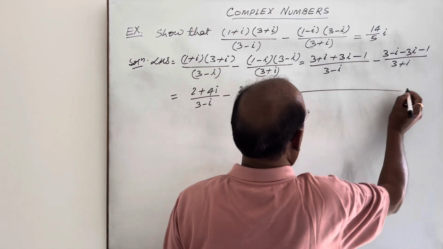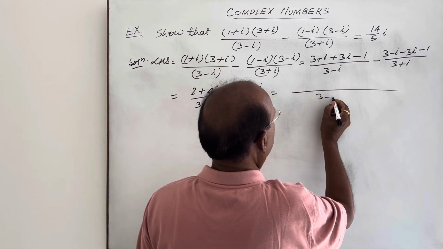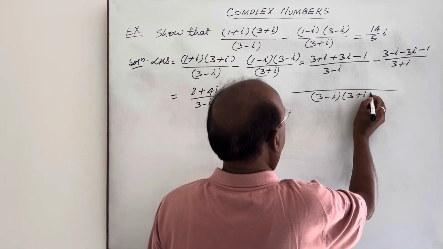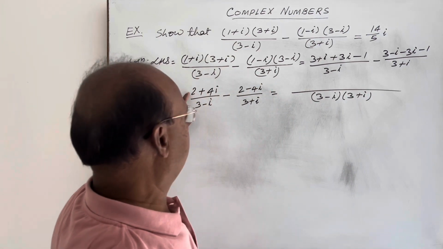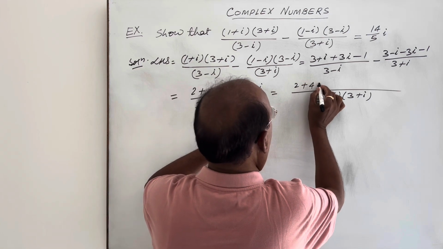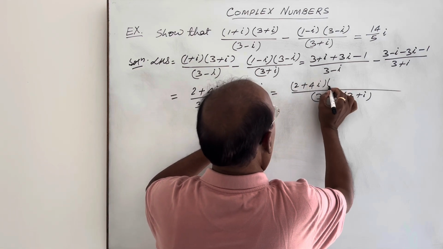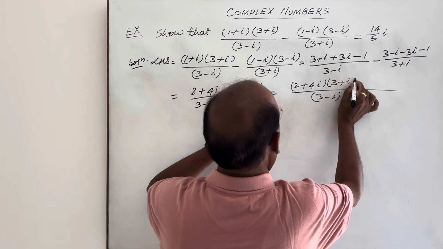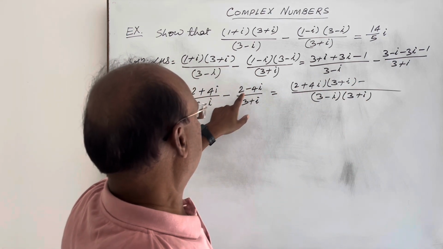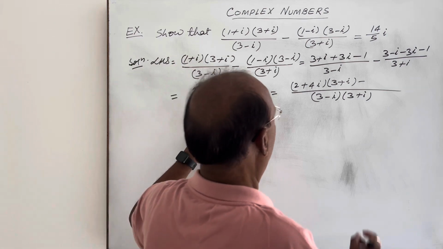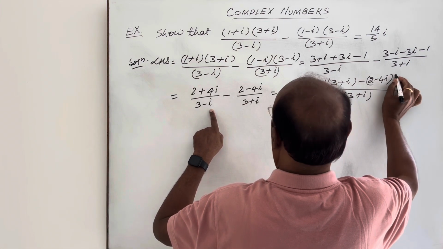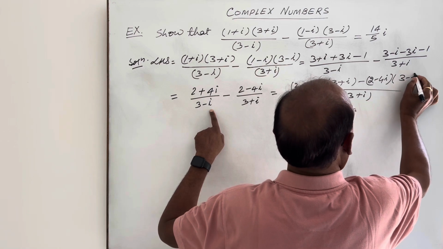So here LCM will be (3 − i)(3 + i). This numerator will be multiplied with 3 + i. So (2 + 4i)(3 + i) minus, this numerator will be multiplied with 3 − i. So (2 − 4i)(3 − i).